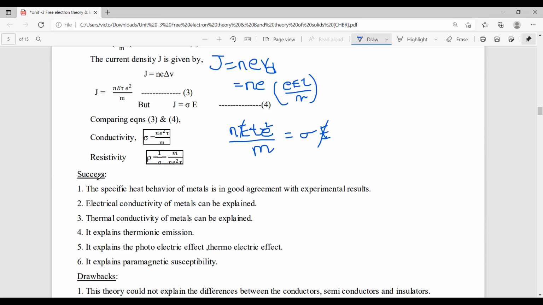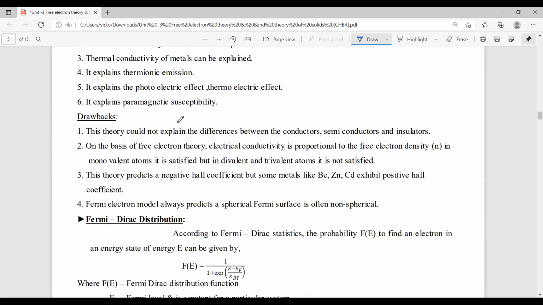And it explains the electrical conductivity of metals, and thermal conductivity of metals is also explained. It explains thermionic emission also. And it also explains the photoelectric effect, thermoelectric effect, and black body radiation. It explains the paramagnetic nature, the paramagnetic susceptibility of materials.